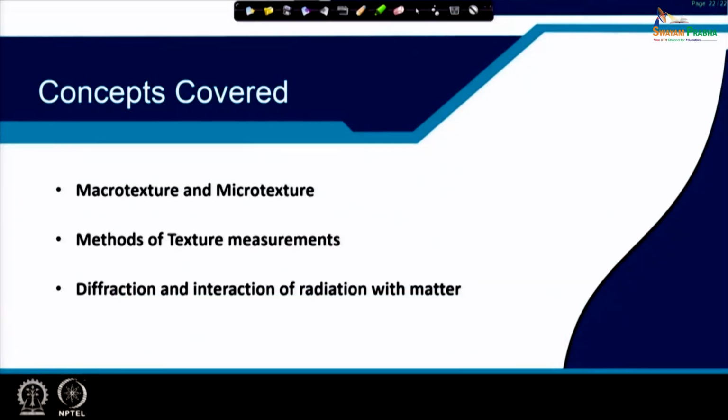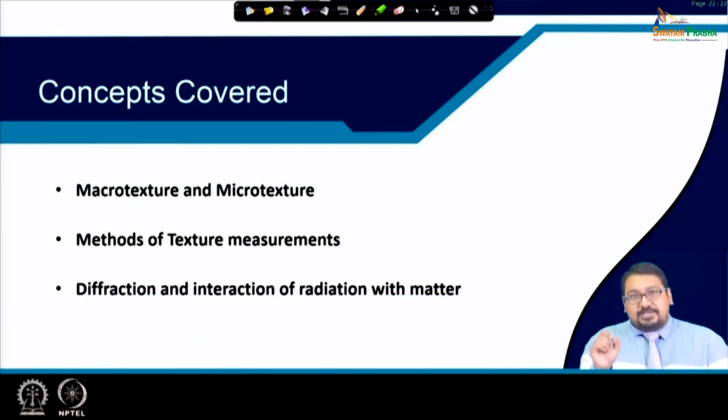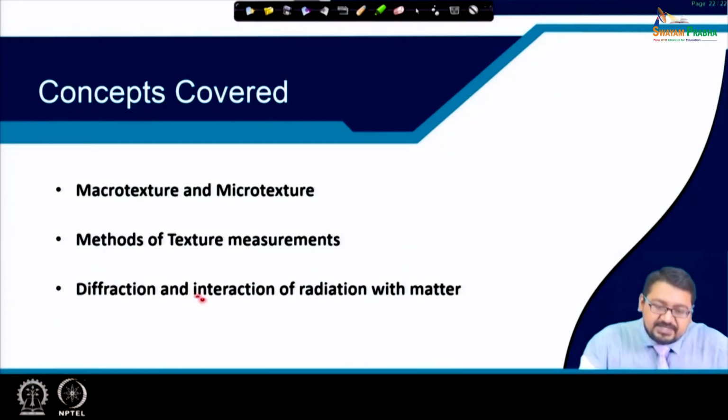The concepts that will be covered in this lecture are microtexture and macrotexture, different methods of texture measurements, diffraction and interaction of radiation with polycrystalline material, which is matter.